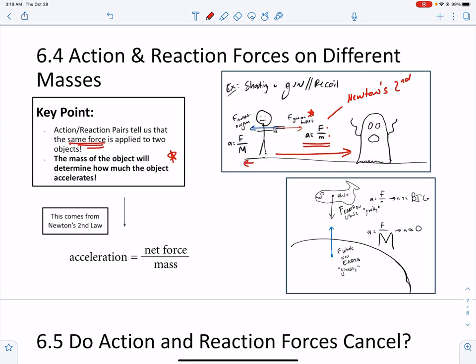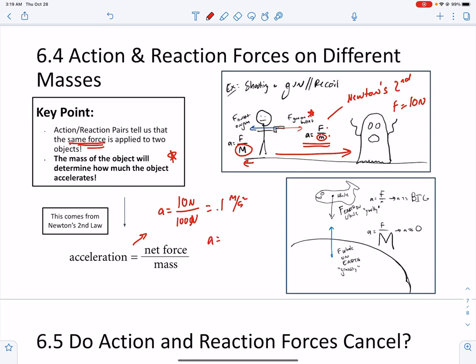So why? They have the same size of force on them. Newton's third law tells us that. The answer is the gun has a much bigger mass than the bullet, right? If they both have a force of 10 newtons, then the one with a larger mass, we'll say 100 kilograms, gives 0.1 meters per second squared for our gun.